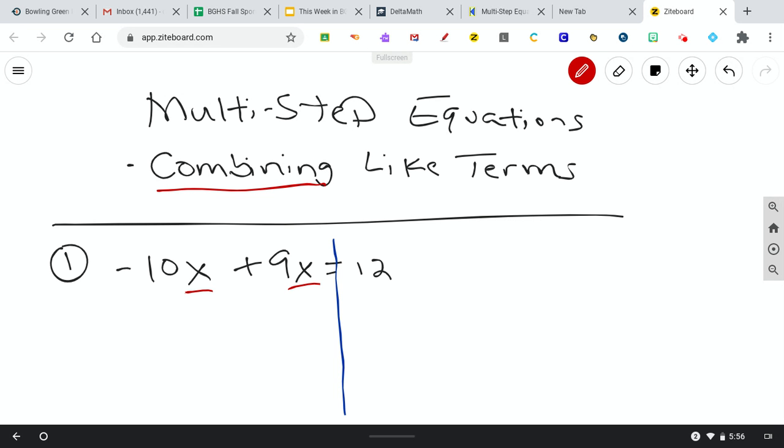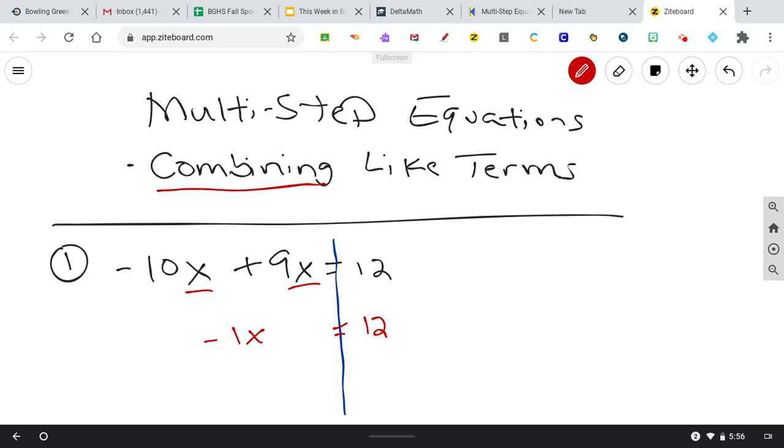And we combine them the way that we see it, left to right, negative 10 plus 9. So negative 10 plus 9 is negative 1x. So we just combine those and put those together. Then we bring down the 12.